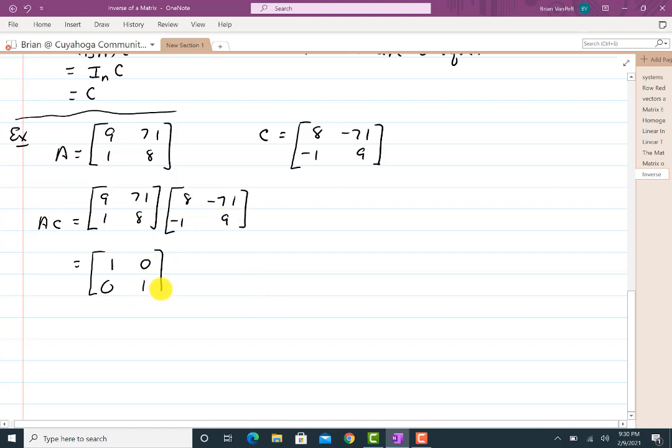So I see we get the identity matrix. You can check that CA also equals the identity. So what that means is that matrix C is the inverse of A.